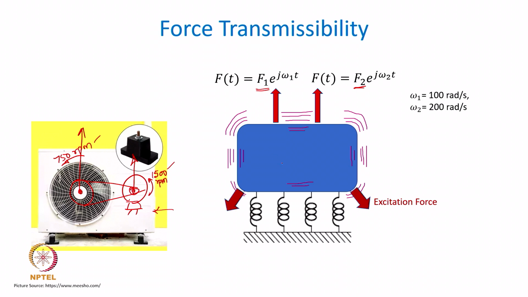So, the unbalance at both of these are essentially going to move this condenser unit mass, and those excitation forces are going to be sent to the ground. So, we have to design these isolation pads properly, so that we get a reduced transmitted force to the ground.